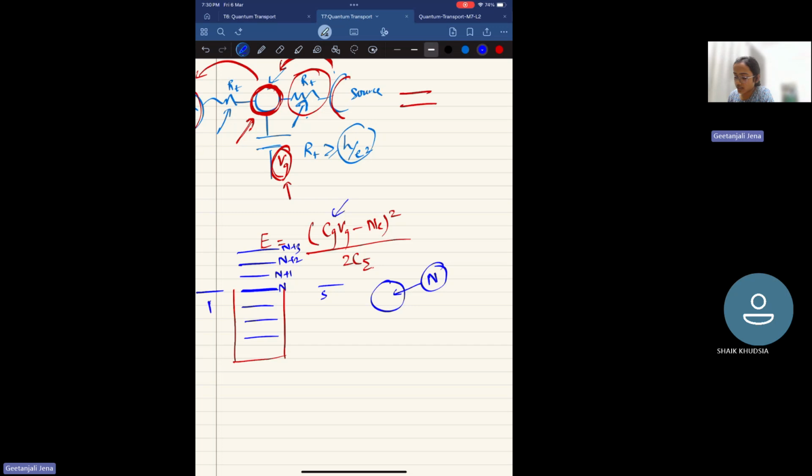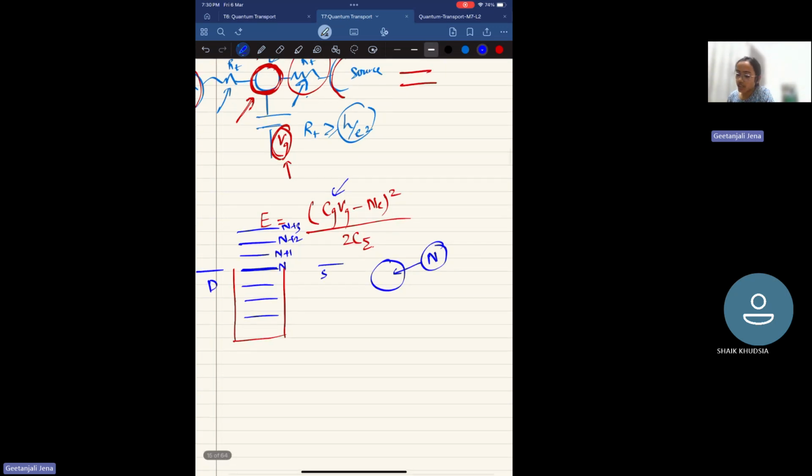There is a source part, there is a drain part. Now, when we increase the gate voltage, what will it do? It will lower the energy of this quantum dot. So it will lower the energy of the n plus 1 state so that it will come here. And it only happens at a certain gate voltage.